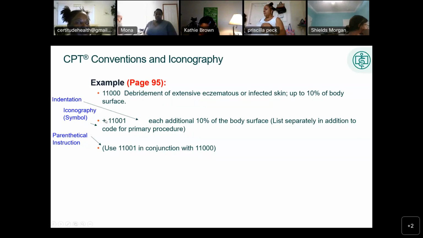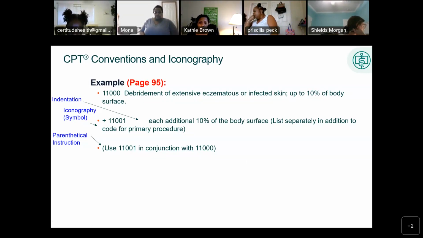So that second code of 11001, if you look in your CPT book, it says it is for each additional 10% of the body surface or part thereof. And it says list separately in addition to the code for the primary procedure. So you have a code for the primary procedure, and you have a code just below it that is indented, meaning that it's getting a part of its description from that first code.